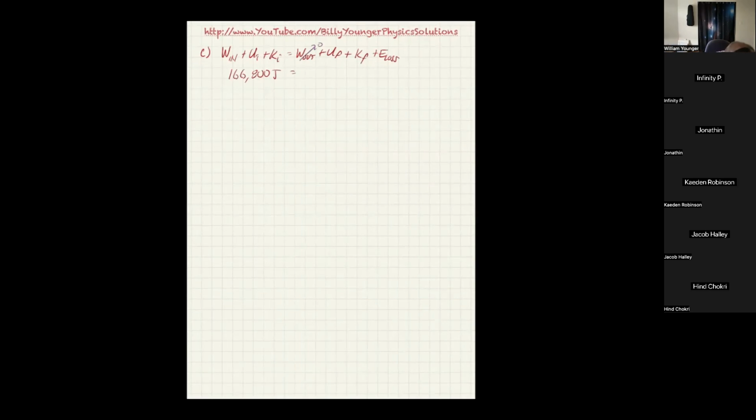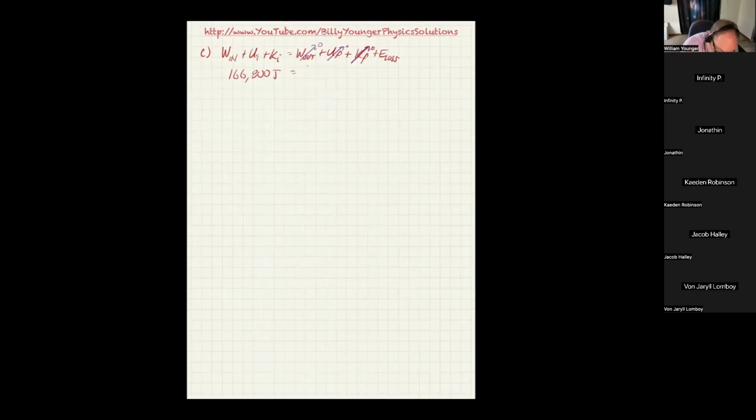The change in potential energy is going to be zero. But what we will have is 1/2. Oh, actually, since we're assuming it comes to a stop, I'm going to assume that the kinetic energy is zero. And therefore that 1/2 will not be there at all.